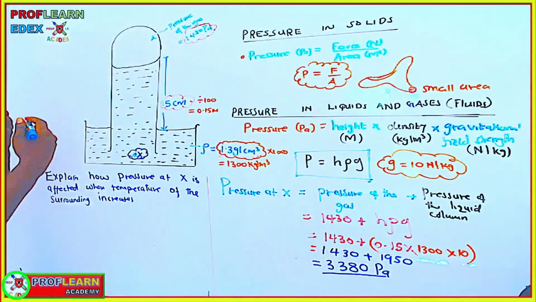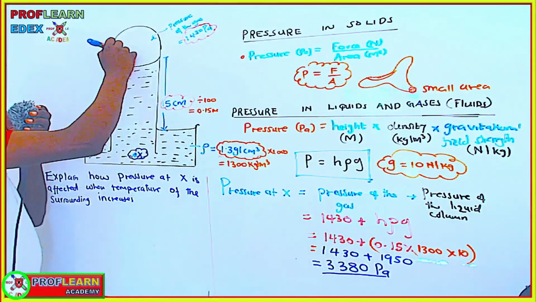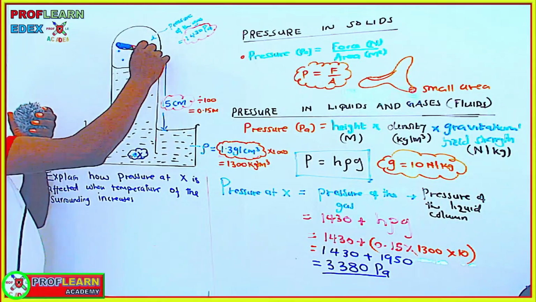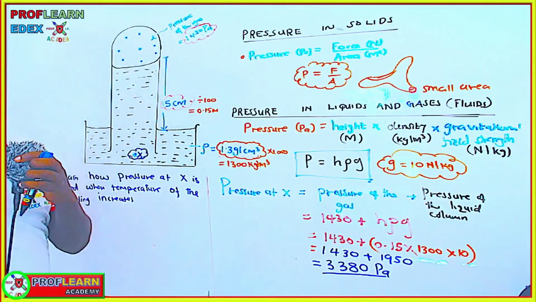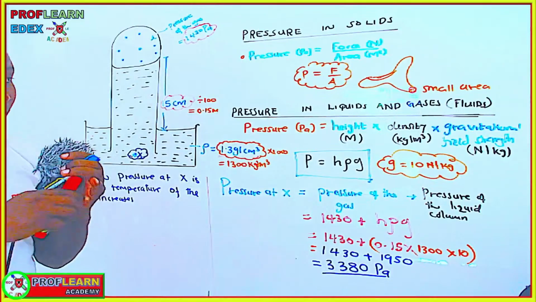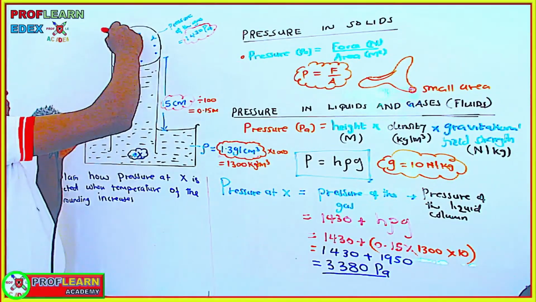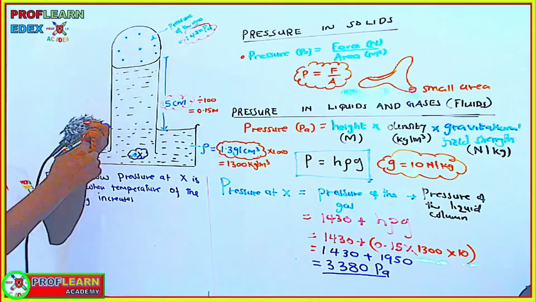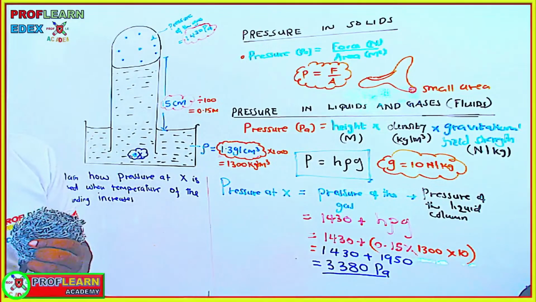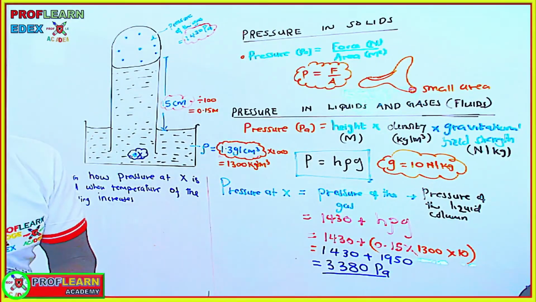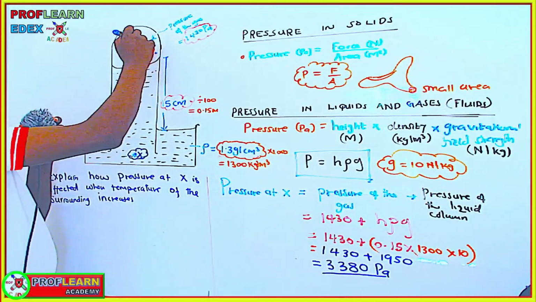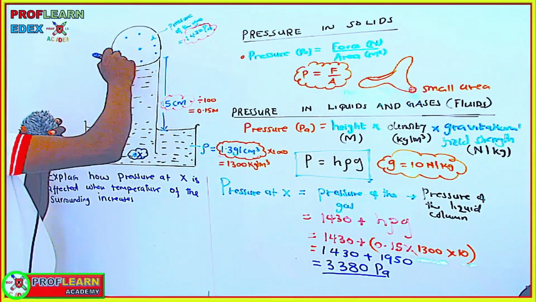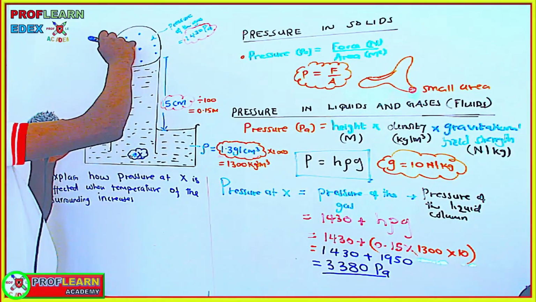Now remember, we need to understand that here we actually have gas, and these are just gas particles which constantly move around. These gas particles are in continuous random motion.